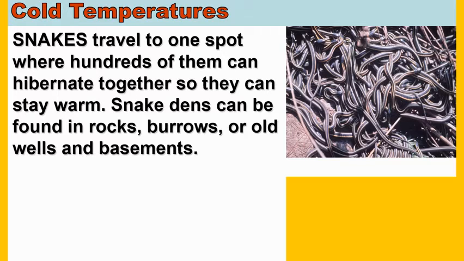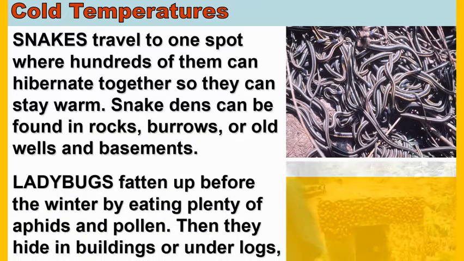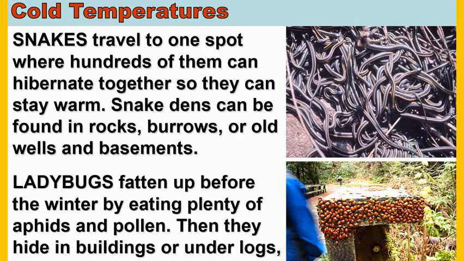Snake dens can be found in rocks, burrows, or old wells and basements. Ladybugs fatten up before the winter by eating plenty of aphids and pollen. Then they hide in buildings or under logs, rocks, or piles of leaves.